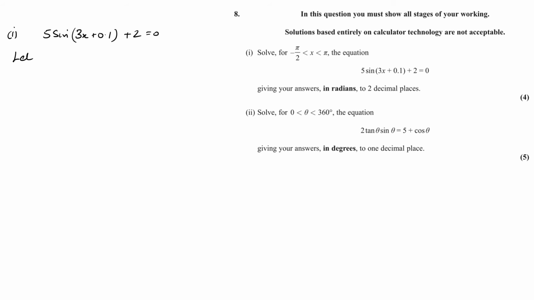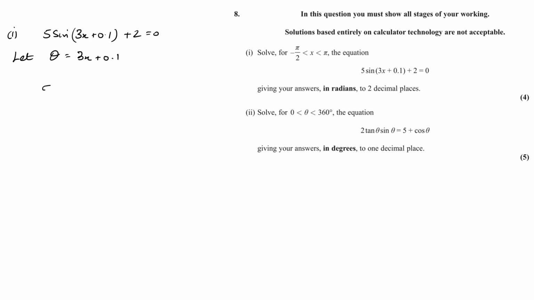Now, if you get a question like this with that angle in brackets, and this is going to be in radians, so make sure you put your calculator in radians. So if we got something like this, what I want to do is just make a single letter. So it's going to be theta equals 3x plus 0.1.